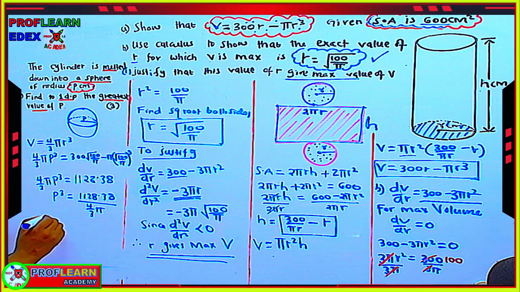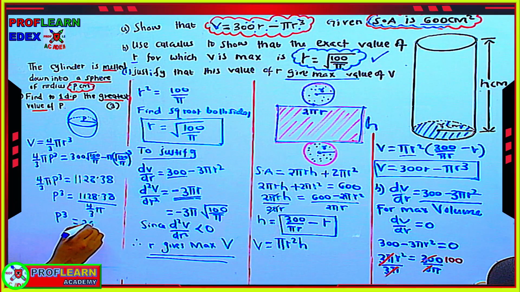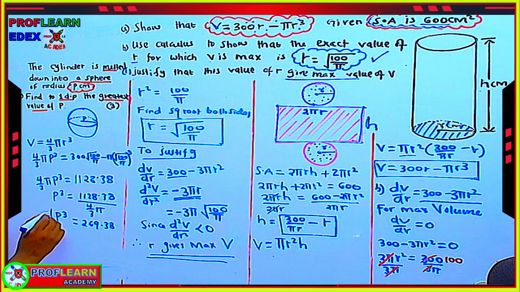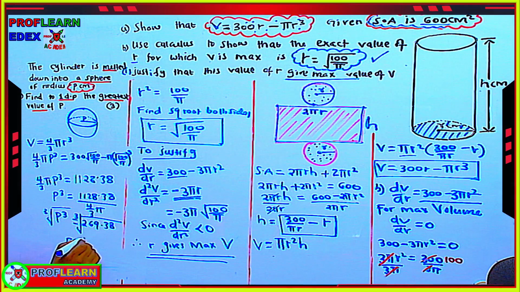That becomes, our p cubed is equivalent to 269.38. Then we find the cube root of both sides. Our p is going to be equal to 6.46 centimeters.